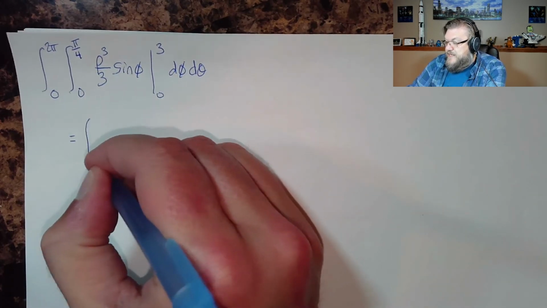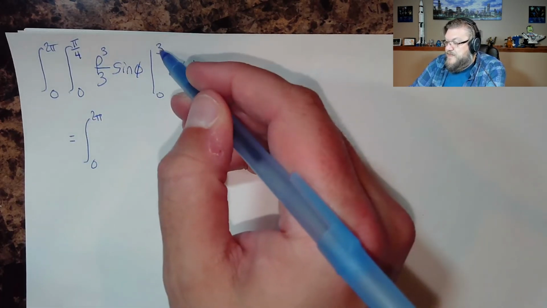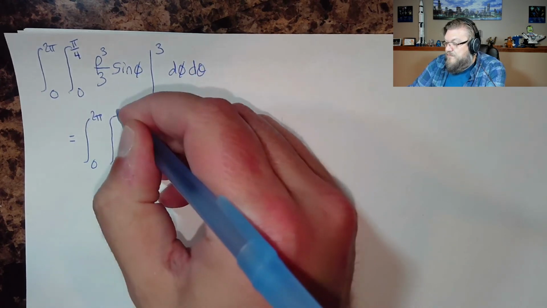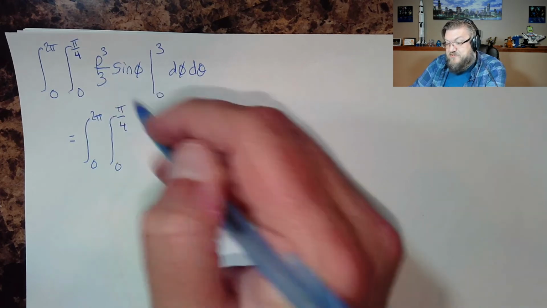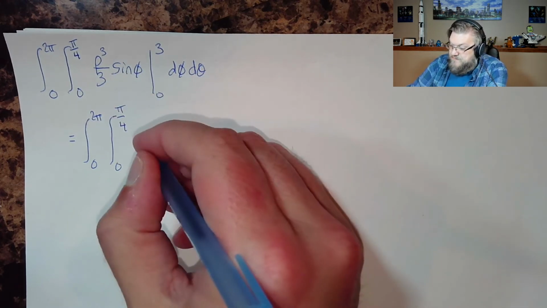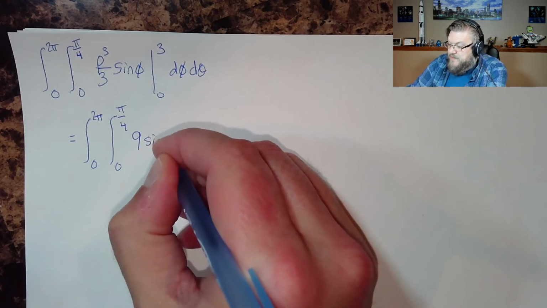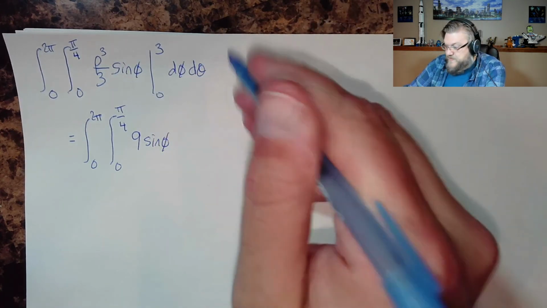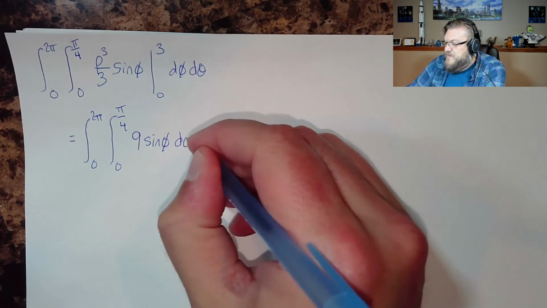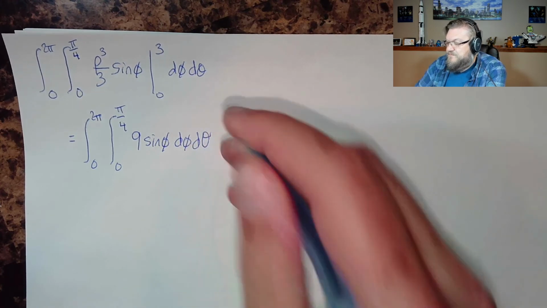All right. Plug in 3. 3 cubed divided by 3 is 3 squared. 3 squared is 9. So 9 sine phi, minus plug in 0. Great. Wipes it out. Wonderful. d phi, d theta.